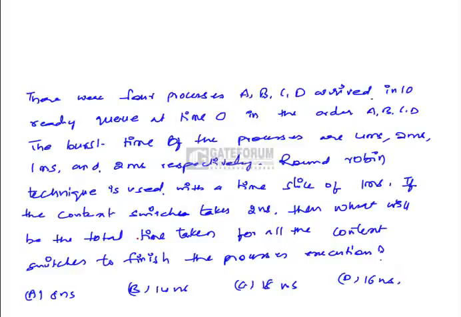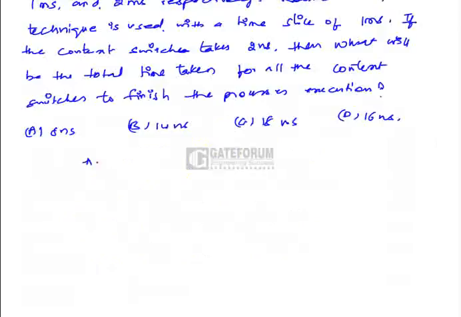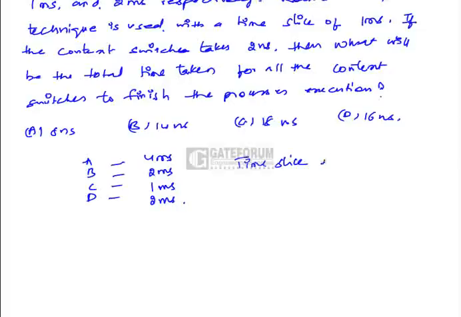Here, four processes A, B, C, D are arrived into the ready queue at time 0 in the order A, B, C, D, and the burst times for four processes A, B, C, D are given as: for A, it is 4 milliseconds, for B, 2 milliseconds, for C, 1 millisecond, and for D, 2 milliseconds. And the time slice is given as 1 millisecond.